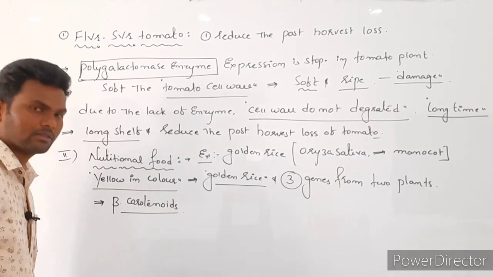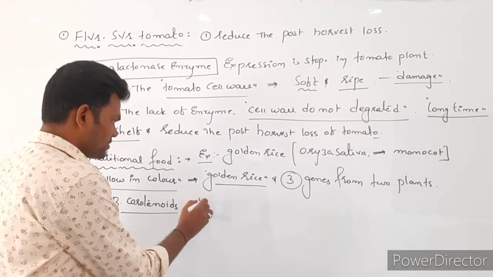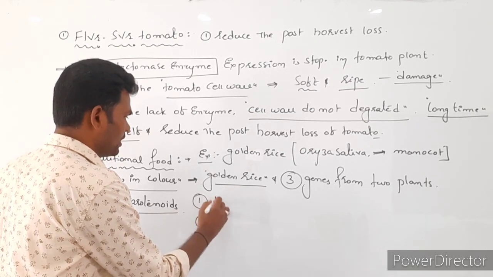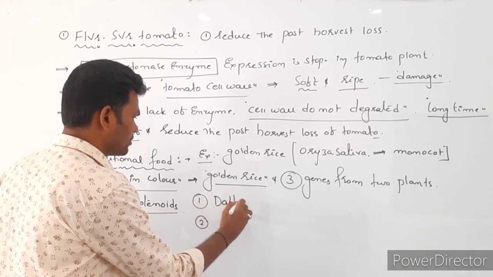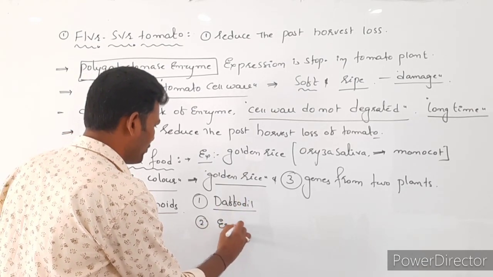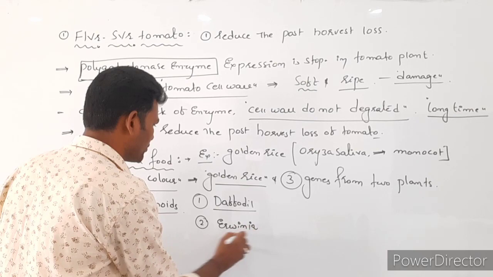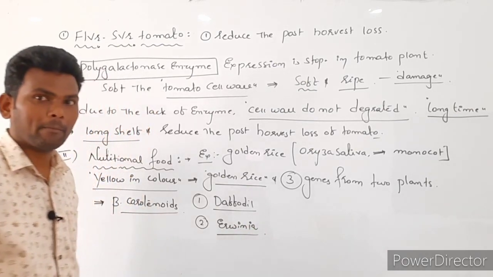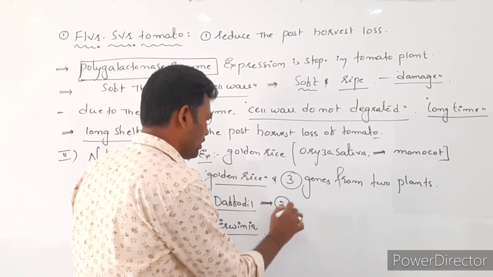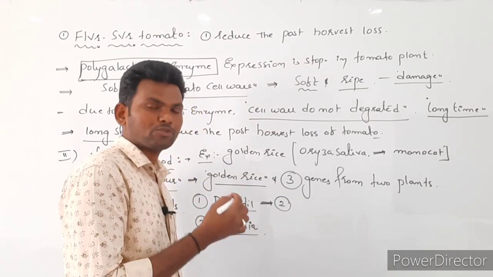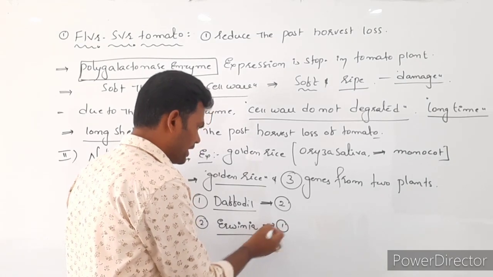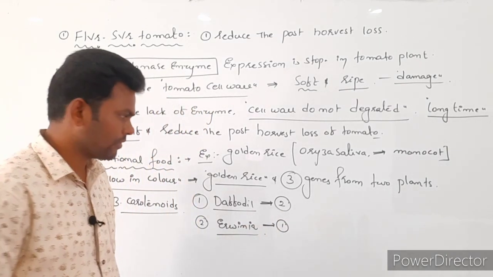These three genes from two plants: one is the daffodil plant and the second one is the Erwinia plant. From daffodil, two genes responsible for beta carotenoids are isolated, and from the second plant one gene is isolated.